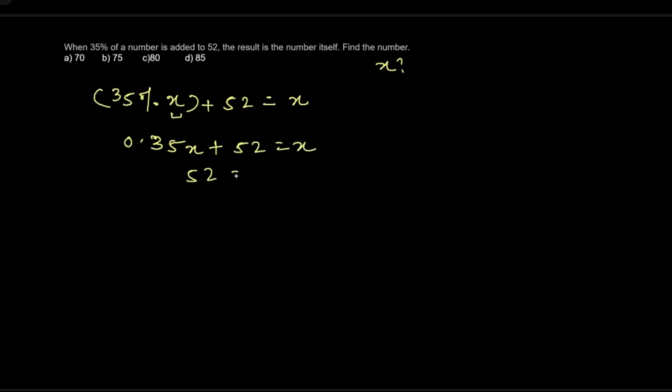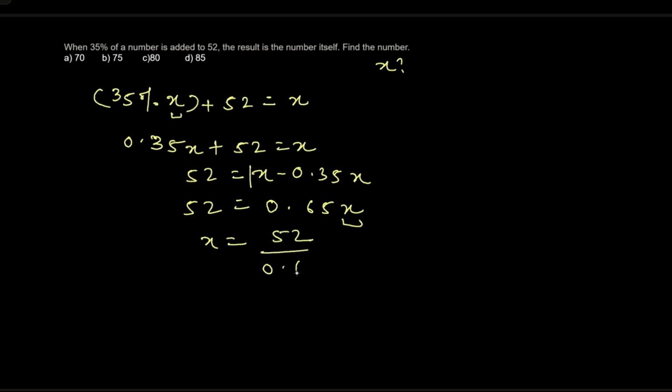Let's put this value to the right side. x minus 0.35x: x minus 0.35x, how much would it be? It would be 0.65x, and here it is 52. Now you have to calculate the value of x, so x will be 52 by 0.65.